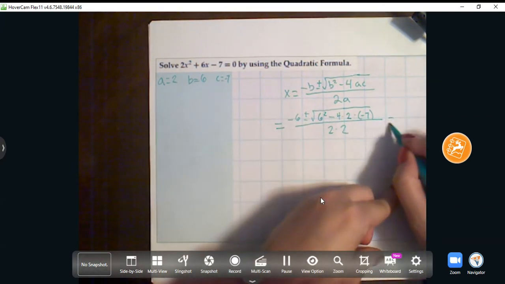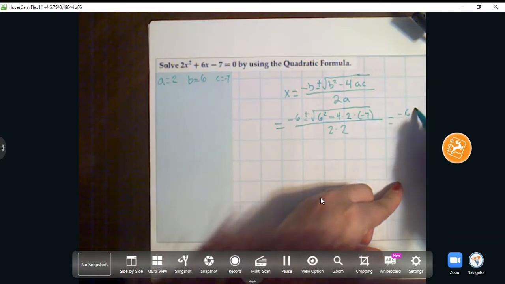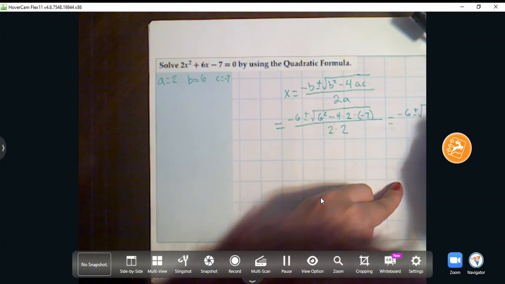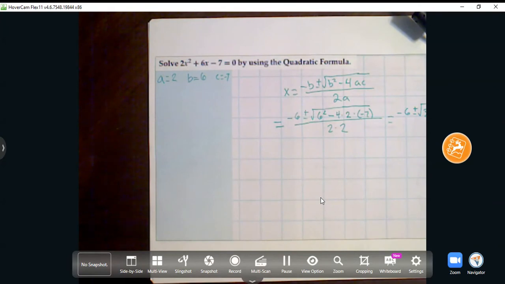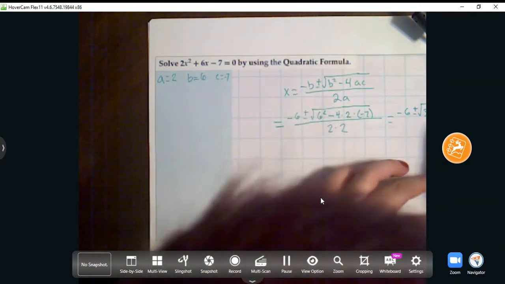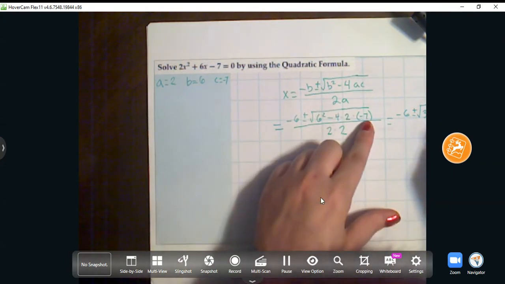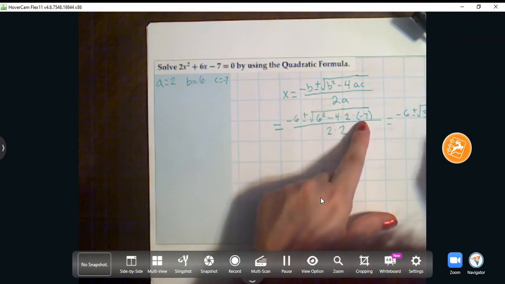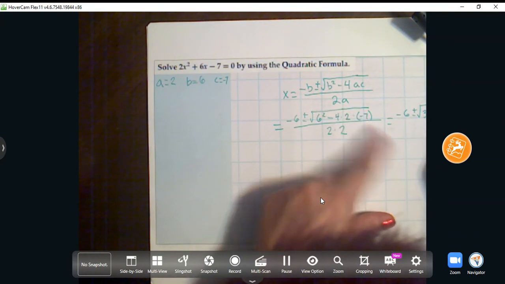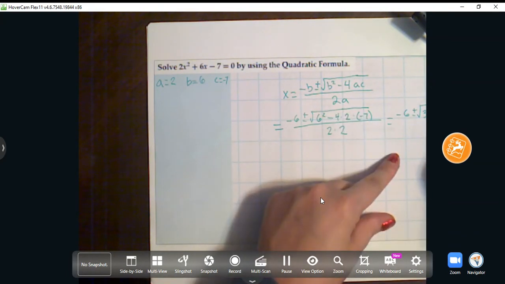So negative 6 is just going to be negative 6 plus or minus the square root of 36 minus 4 times 2 gives us 8. 8 times 7 is going to give us 56. Notice that we have a subtraction sign and a negative, so that's going to become positive.